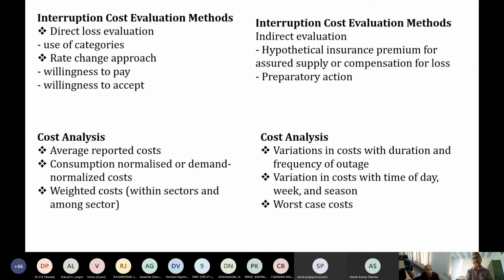For an industrial customer, when all the workers are there and they are starting their shift, if the interruption occurs, they will be left idle. So it will have a high interruption cost.